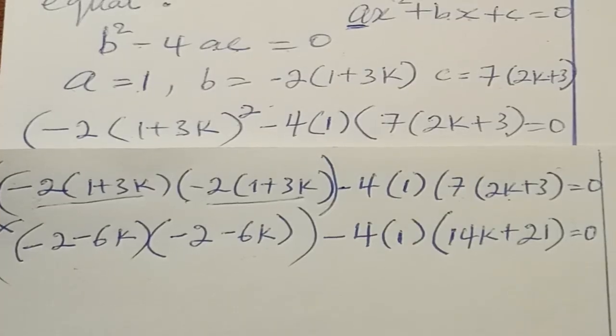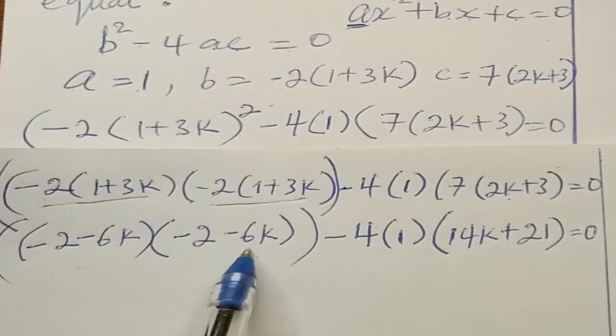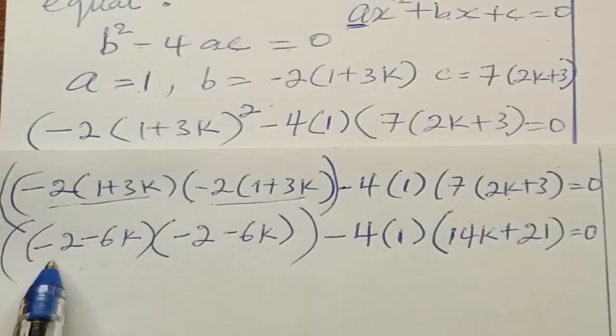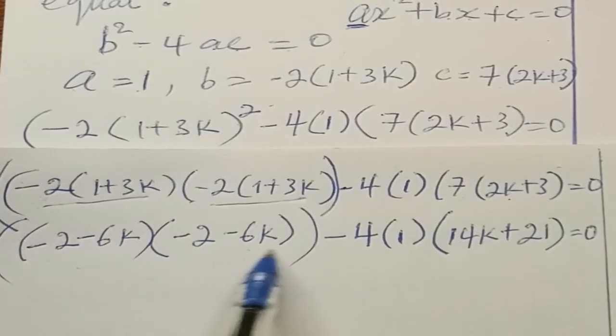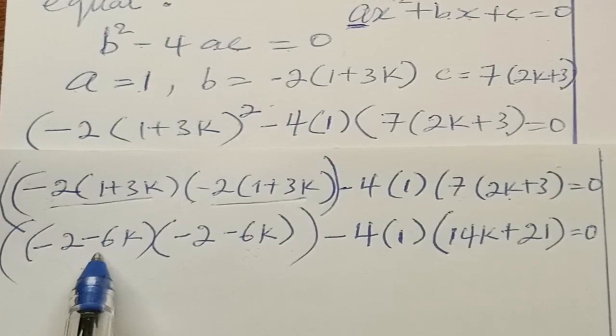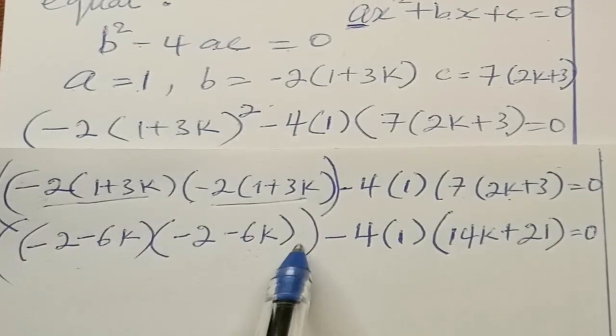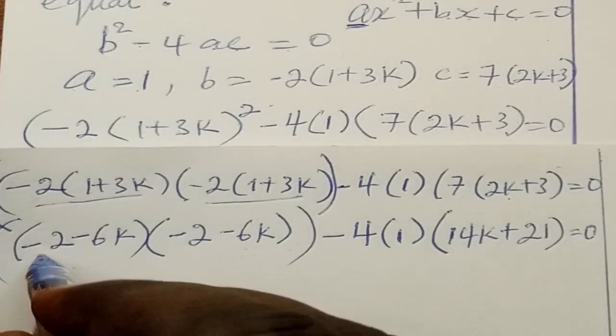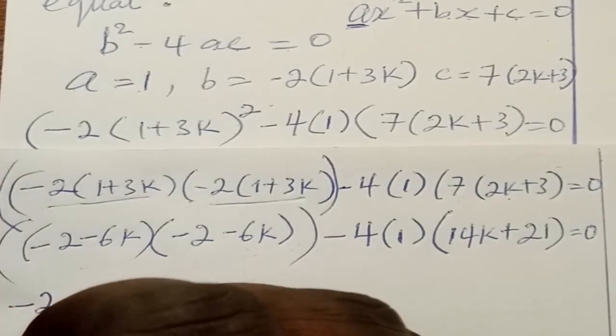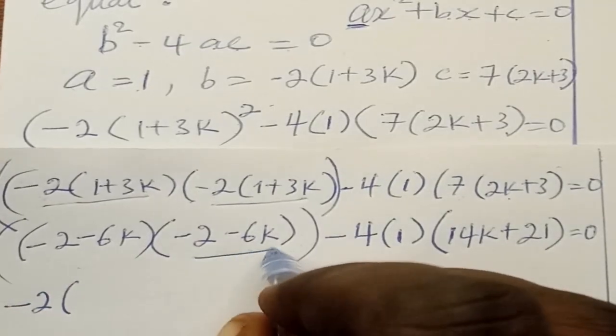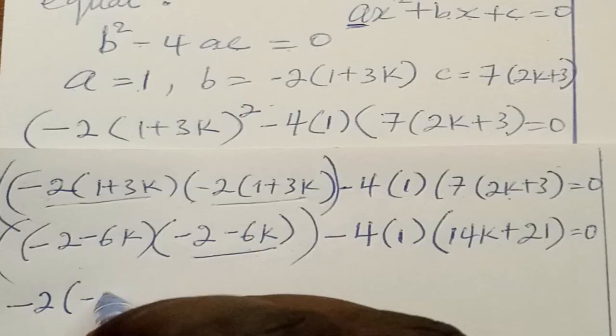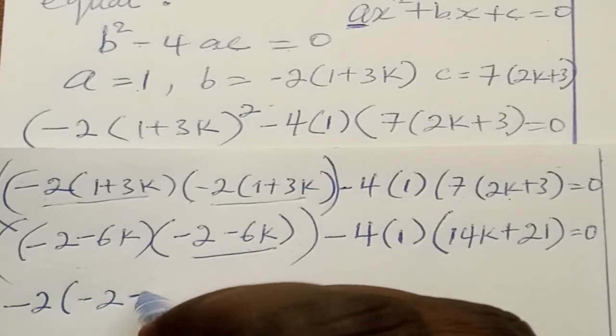Now, this, which is still a square, simply means take one of the terms that is here and express it with all of the terms here, then the next term and express it with all of the terms. We are going to do that. So minus 2 and express with all of the terms of this, which is minus 2 minus 6k.